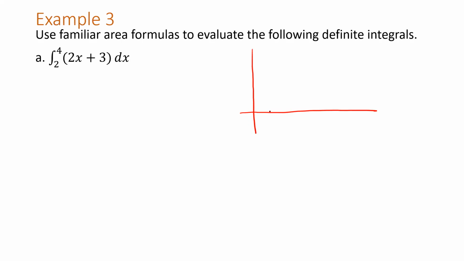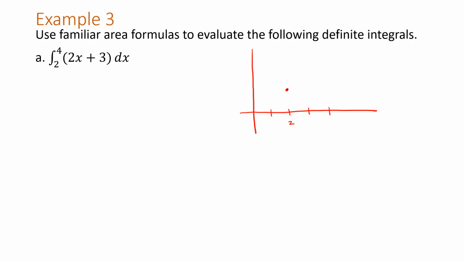If I draw this out just to help me visualize it, we know that this is a line, it's just a straight line. What 2 points is it going to pass through? At x equals 2, if I just plug in 2 here, you get 4 plus 3 is 7, right?